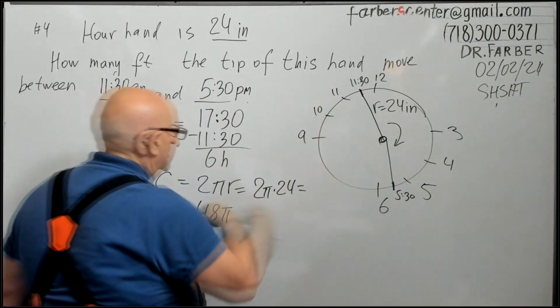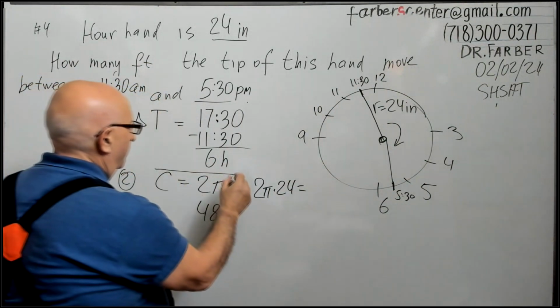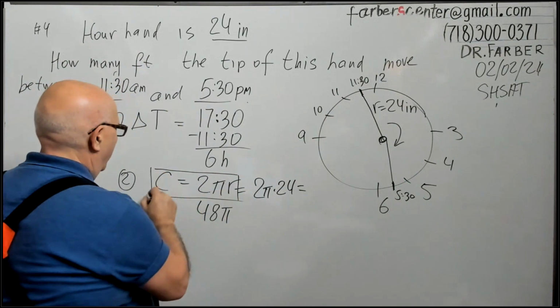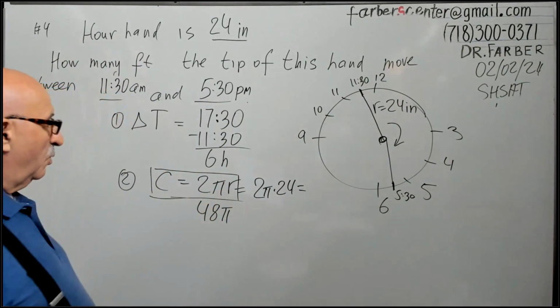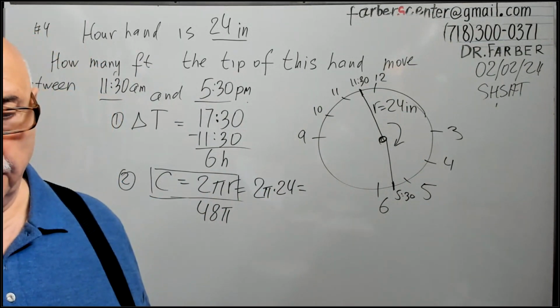This is my circumference. I just use the formula we use in 5th grade, 2 pi r. Understand this step. I just plug the radius into this formula, nothing else.